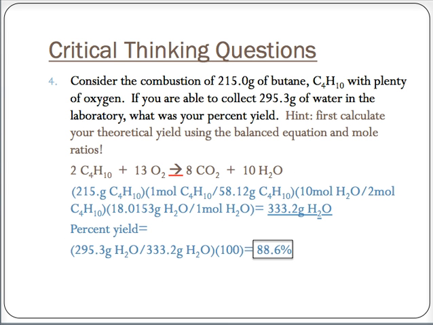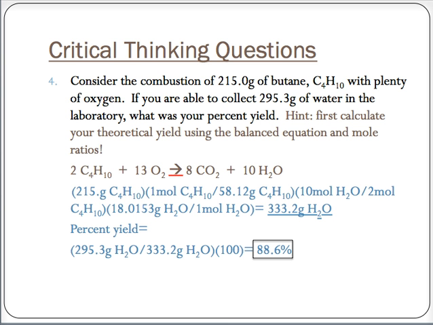Question 4. Consider the combustion of 215 grams of butane with plenty of oxygen. If you are able to collect 295.3 grams of water in the laboratory, what was your percent yield? Hint: first calculate your theoretical yield using the balanced equation and mole ratios. So, once you figure out the balanced equation, you multiply by the initial amount of butane, which is 215 grams.